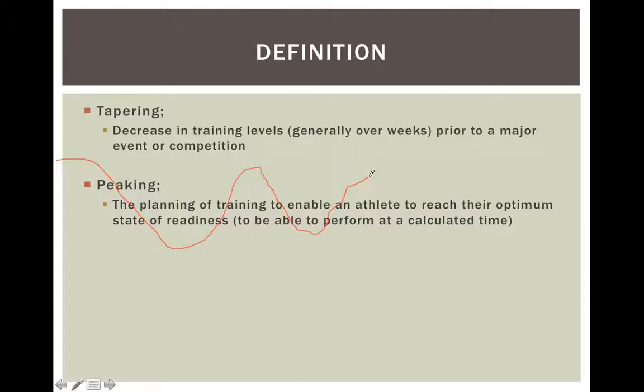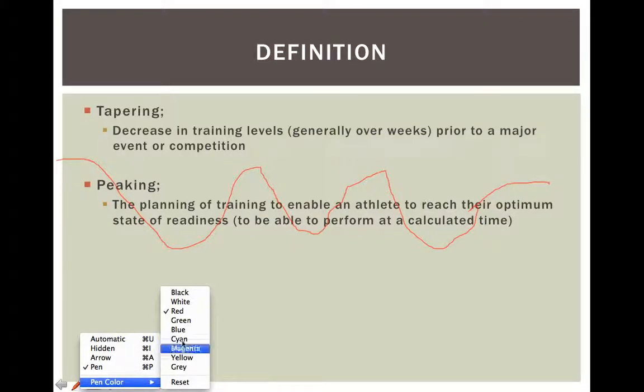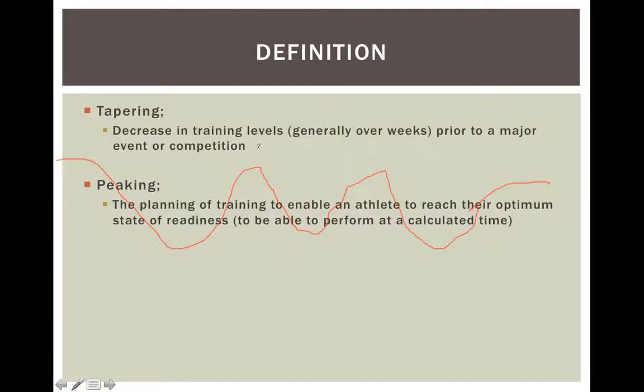I want to peak for the World Champs. I want to drop off, and then I want to peak for my next lot of Olympics. Right? So that's what they want to be at in terms of their performance. So they go, I want to peak for all those different points. I want to peak for the Olympics, Com Games, World Champs, and the Olympics.